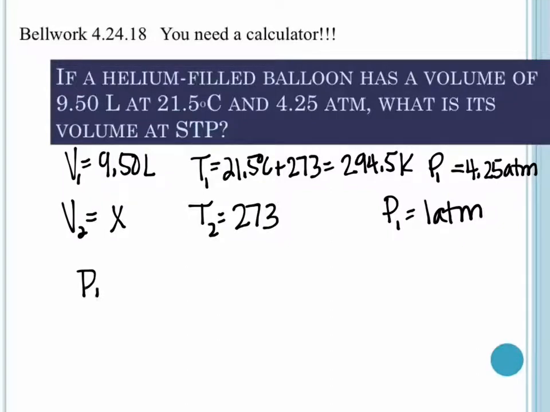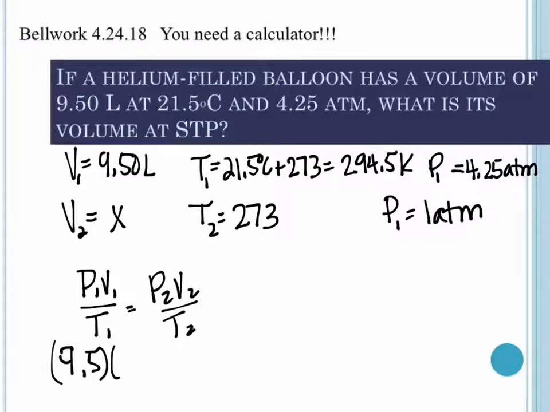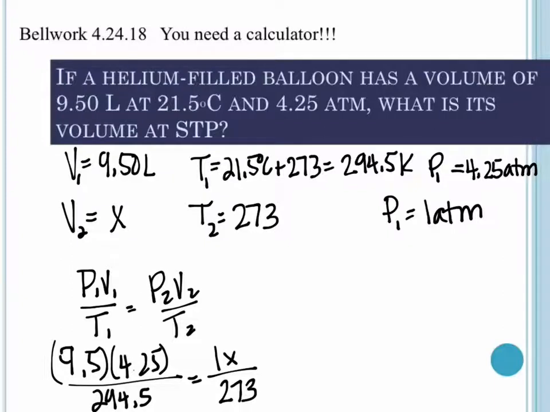combined. So P1V1 over T1 is equal to P2V2 over T2. So 9.5 times 4.25 over 294.5 gives me 1x over 273.